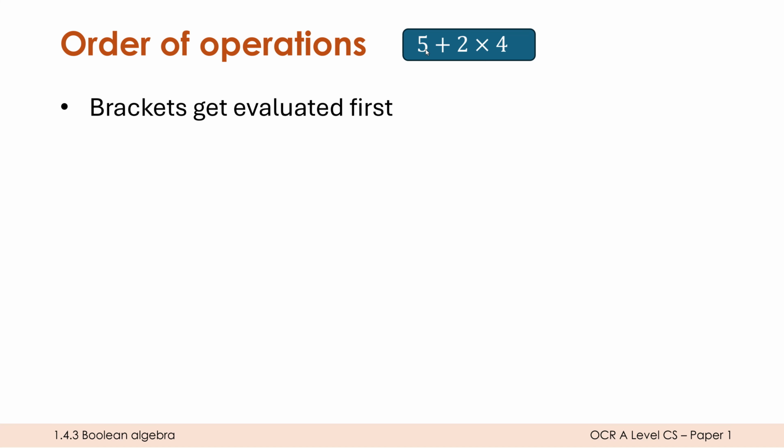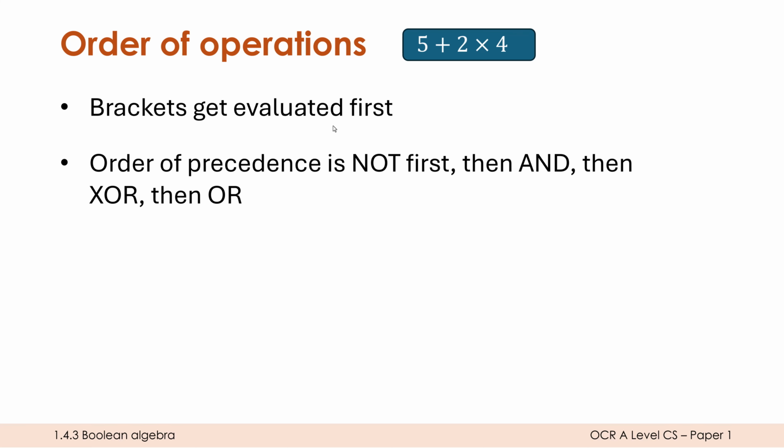Like in maths, brackets would get evaluated first. Evaluated means carried out. We check brackets first. Then, in terms of our operators, not is done first. Then it follows normal maths. So AND is done afterwards, AND being multiplication, then XOR, then OR, which are the two addition ones. You have to also memorize that fact because that occasionally will come into Boolean algebra questions.